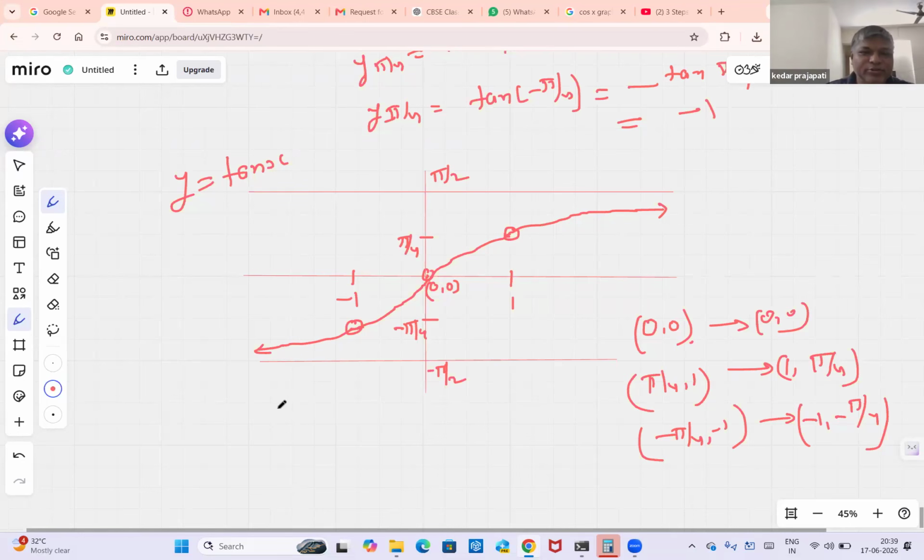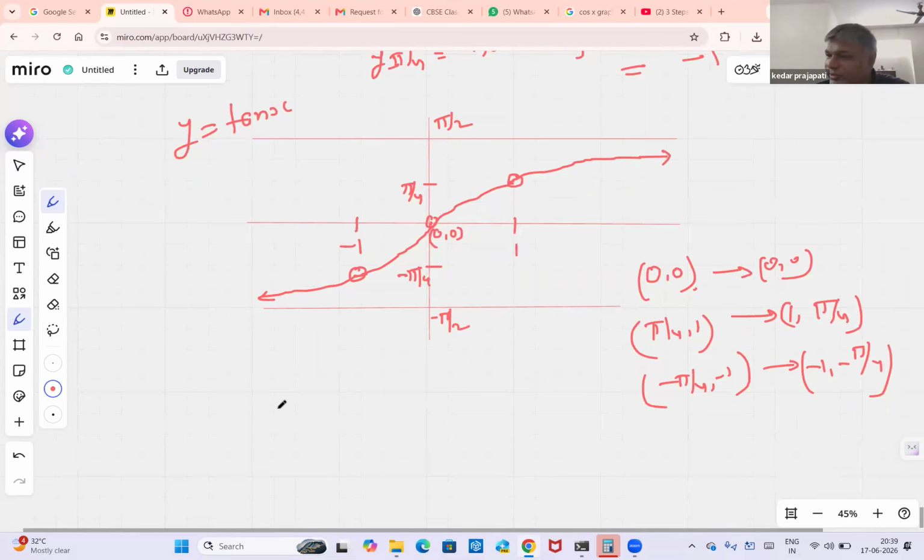So from here, what will be the domain and range? Domain: minus 1 to 1, if I'm not wrong. No, it will be applicable for all the values, minus infinity to infinity.